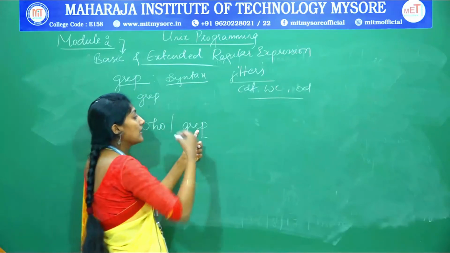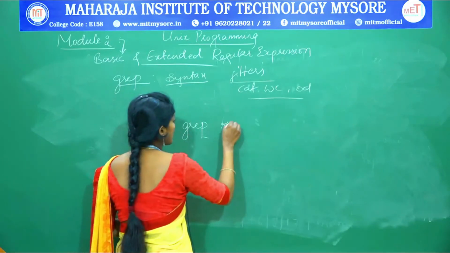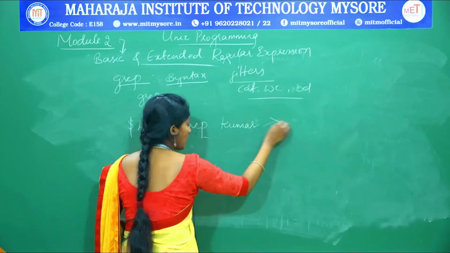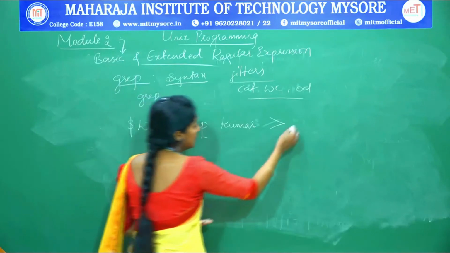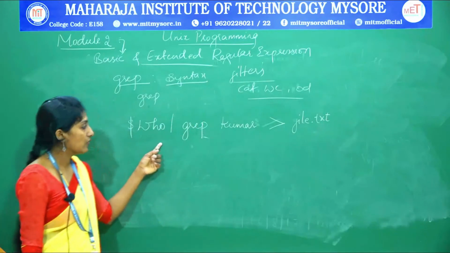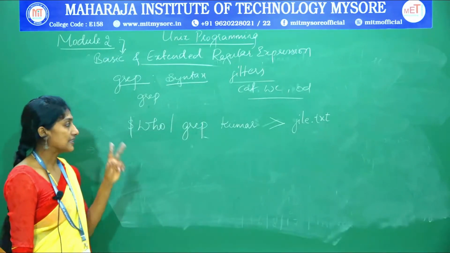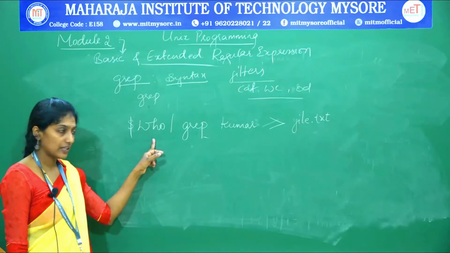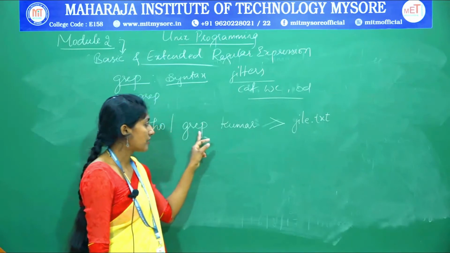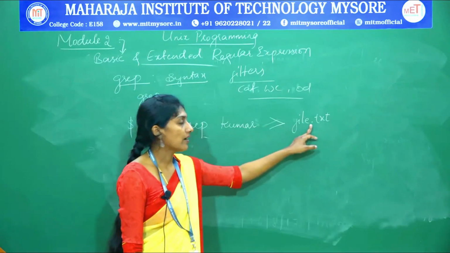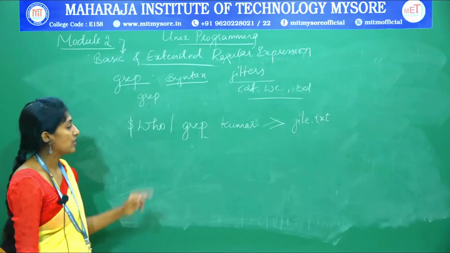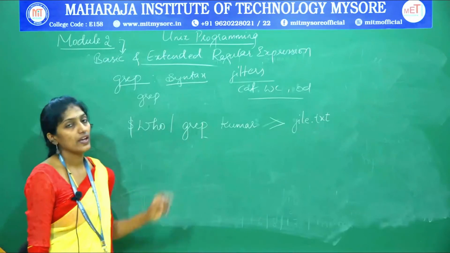From this who output, if you want to search for any pattern, you can search for that pattern and provide the output to another file, that is file.txt. This is how you use grep for both getting the input using the pipe concept and redirecting the output from grep to the file.txt file. So here the grep command acts as a filter command. You can use grep this way also.